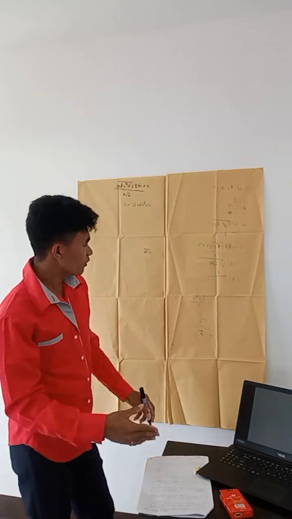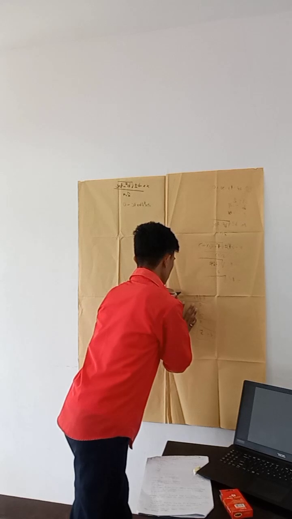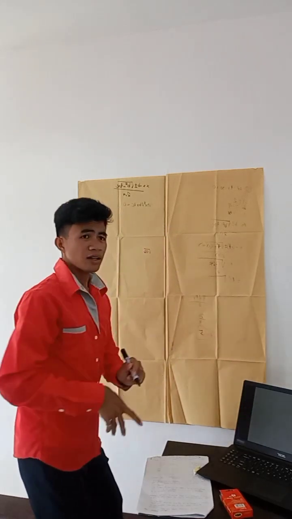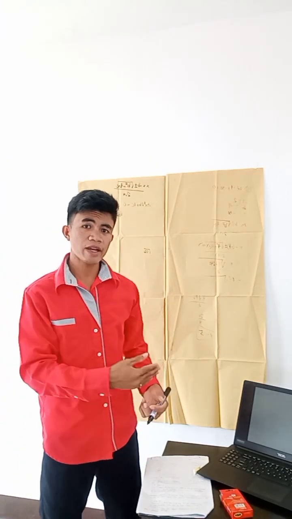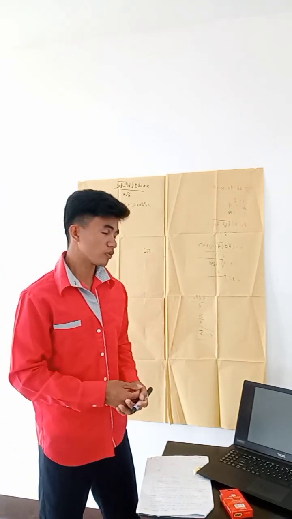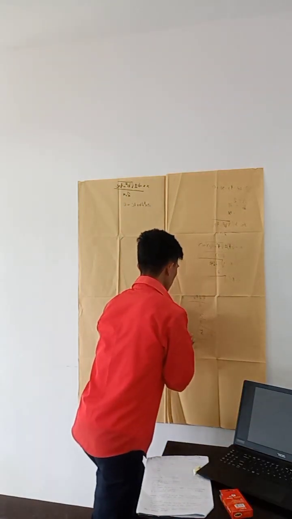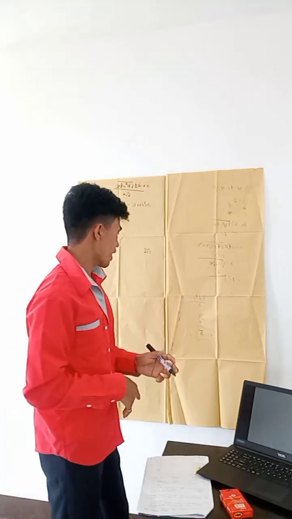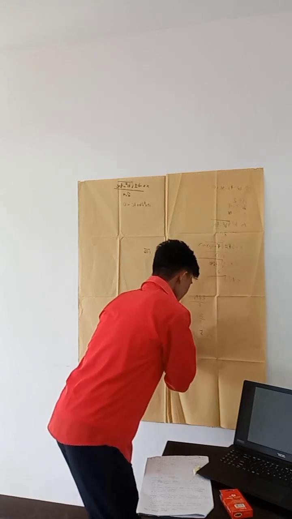Then the second value of x: 4 minus 16 is equal to negative 12, and negative 12 over 4 is negative 3.